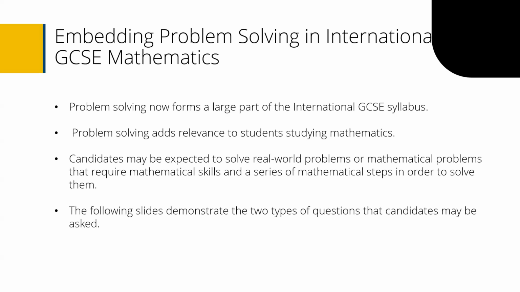Whereas in the foundation of the 4MA1, it's about 25% and 15%. So 25% in the problem solving and 15% on the reasoning. So you can see there's less demand in terms of problem solving and reasoning in the foundation, and that could be something to consider as you choose which tier to enter your students. As you can see, please have a quick skim of what it says on there as well.